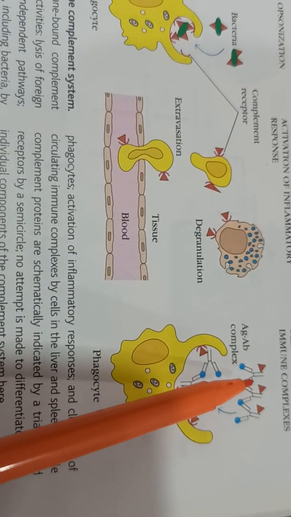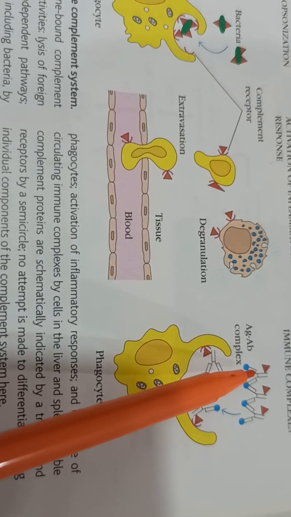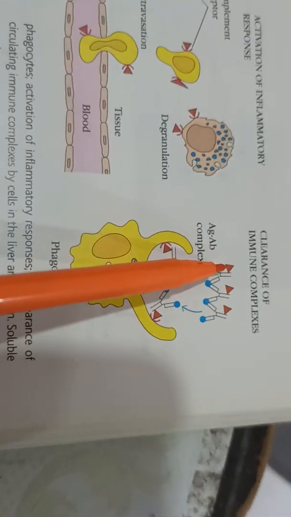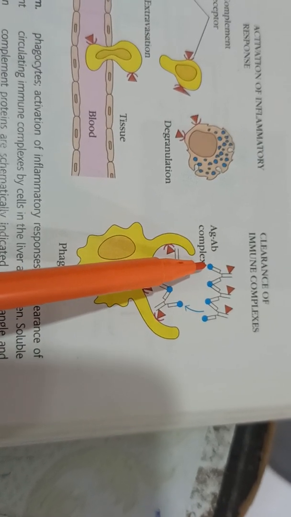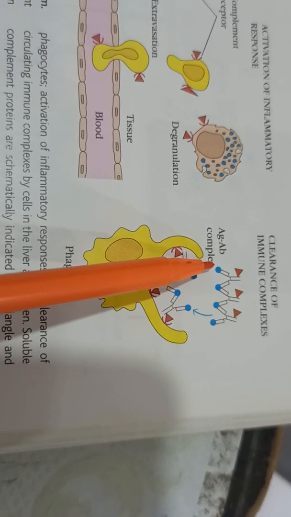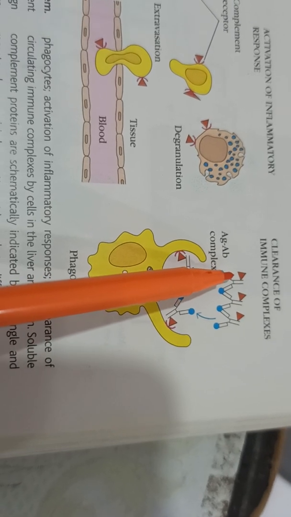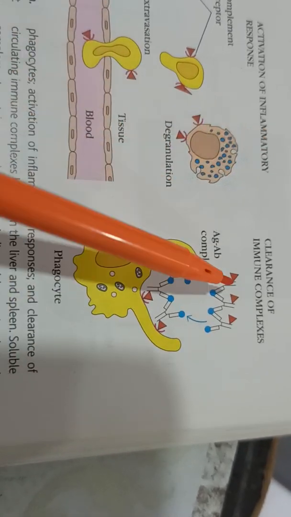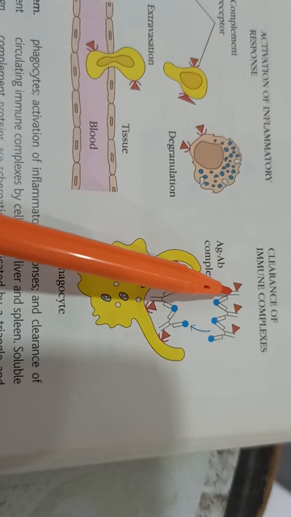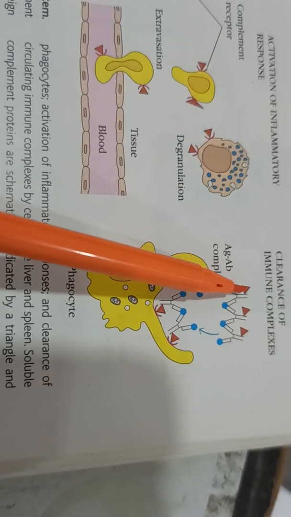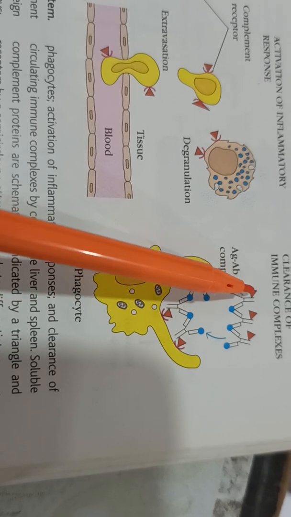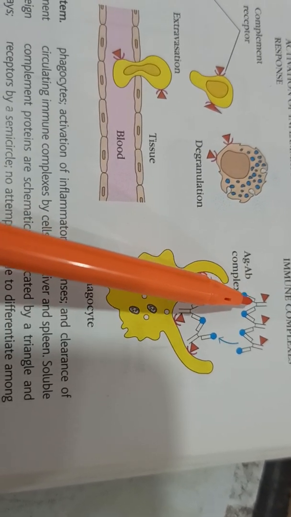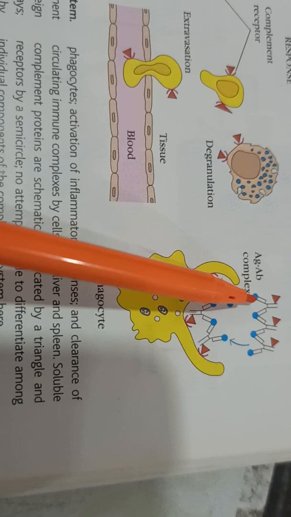This we should understand: an antibody, when it is not bound to the antigen, cannot bind complement. Only antibodies that are bound to the antigen undergo conformational changes such that in their Fc region they expose a site where the complement can bind. So the complement can bind only to the antigen-antibody complex.